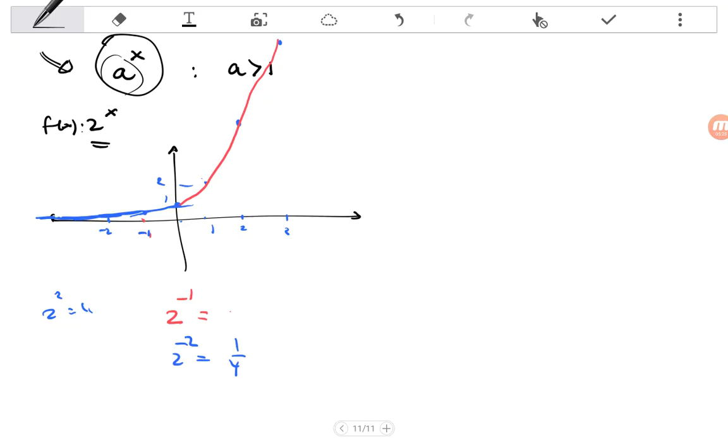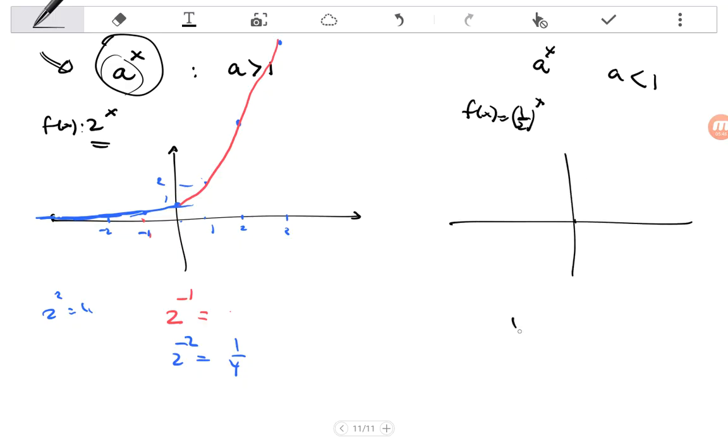What about if we had a less than 1? So for example, if I had f of x equal to half power x. In this case, let's depict that. We have half power 0 is just equal to 1.